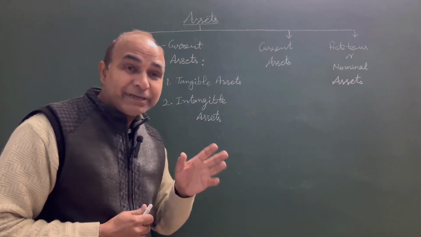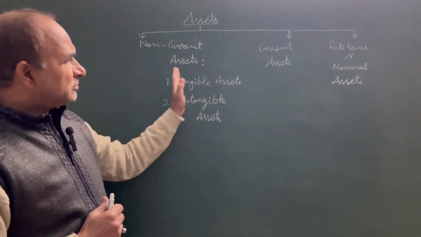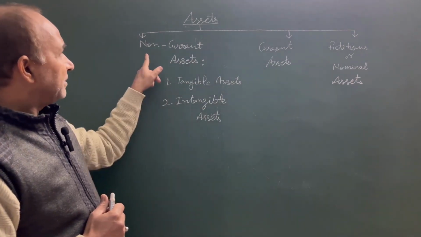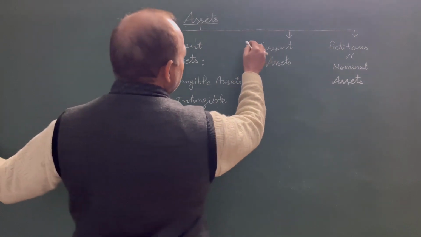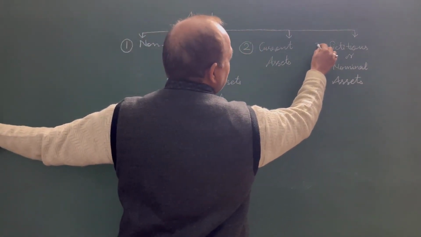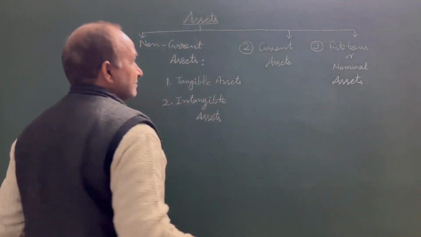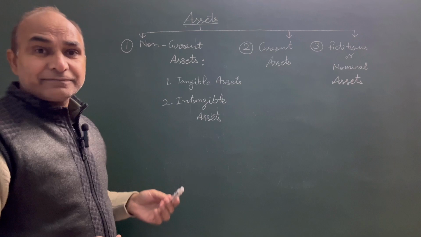Now I am going to explain the classification of assets. There are three types of assets normally. Number one, non-current assets. Number two, current assets. And number three, fictitious assets. The number one is non-current assets.